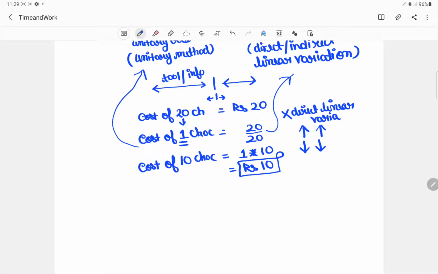Whatever is given, like 15 men are doing this work in these number of days, or 15 men working 8 hours are doing the work in these number of days, or a tap is able to fill a tank in these number of hours, all these concepts we'll convert to the unit first.